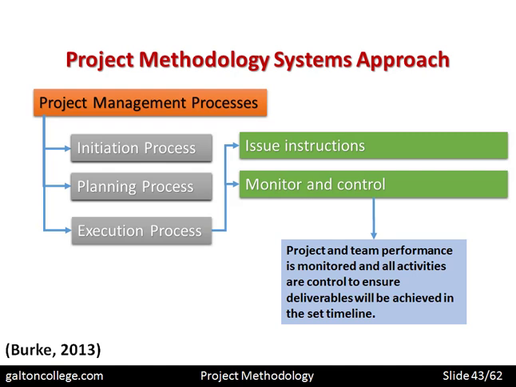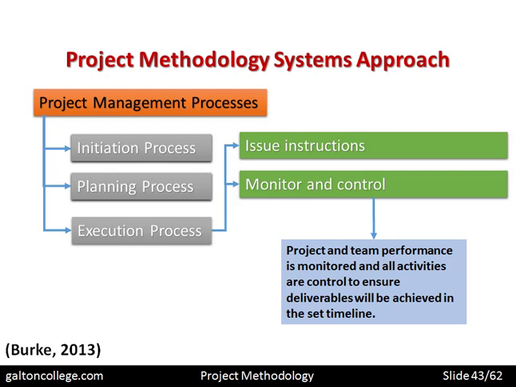If there are failings for whatever reason, they're examined, the rationale or the cause of those is understood, remedial measures may be taken, but it's important to try to keep all members of the project team in line with their set objectives.